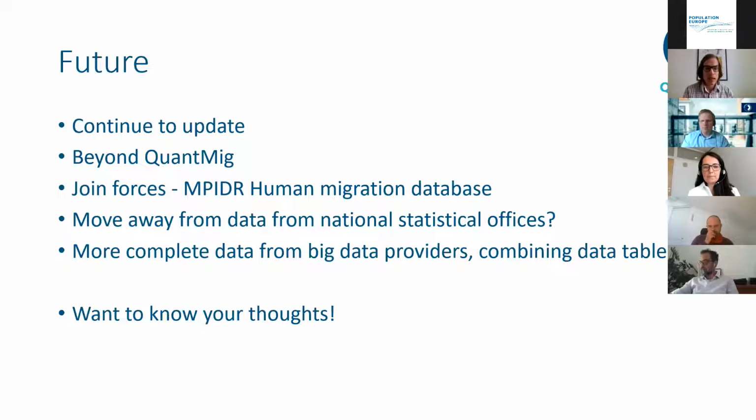And in terms of collaboration, speaking of these big data providers, it would be very interesting if we could also collaborate here. For instance, when I was searching, I was interested in whether there would be possibilities of combining these data tables and having links to that. I think that could be interesting for the future as well.